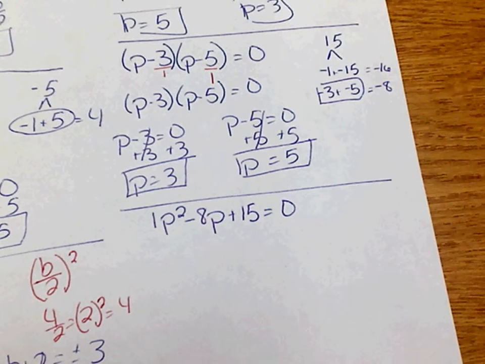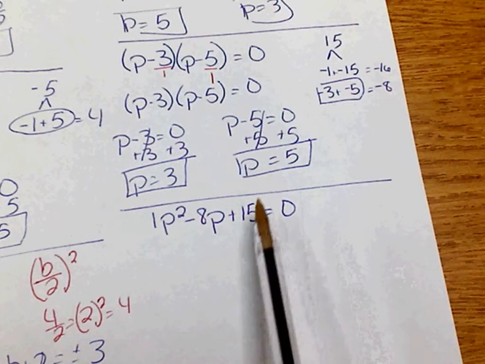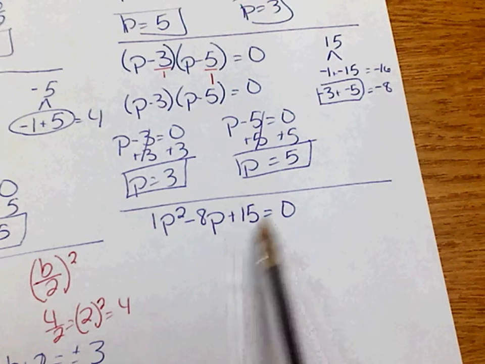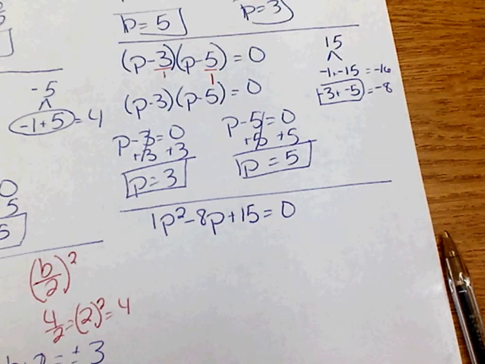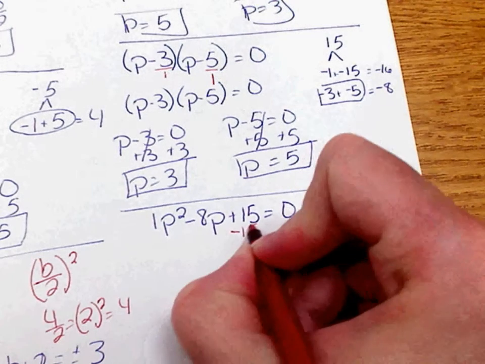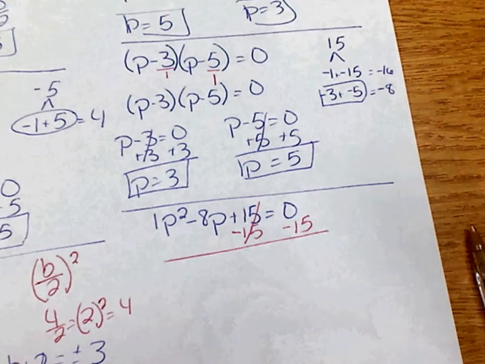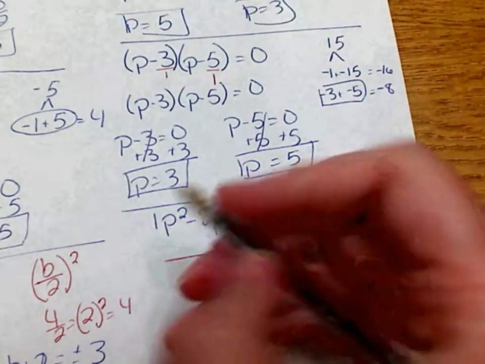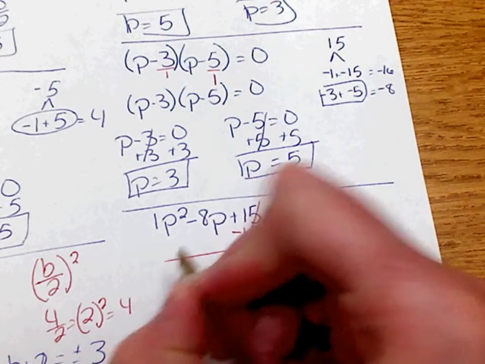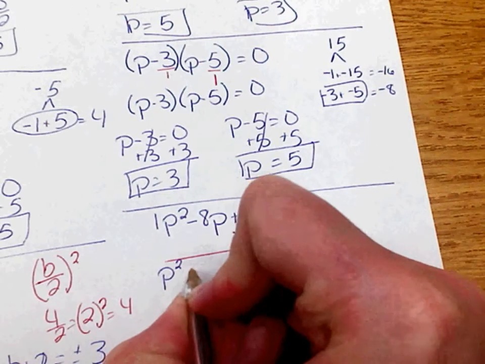Now remember, when we're completing the square, the place where we're putting our square is right here, so we have to get that spot open. So we're going to minus 15 to both sides, and what that does is that leaves that spot right there open. So we just have p squared, instead of 1p squared, minus 8p.